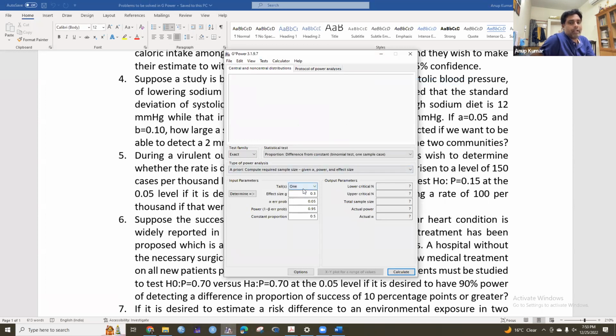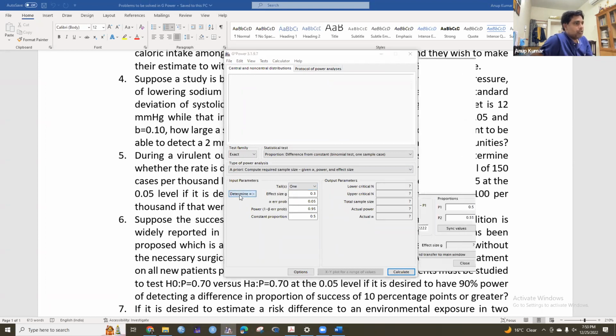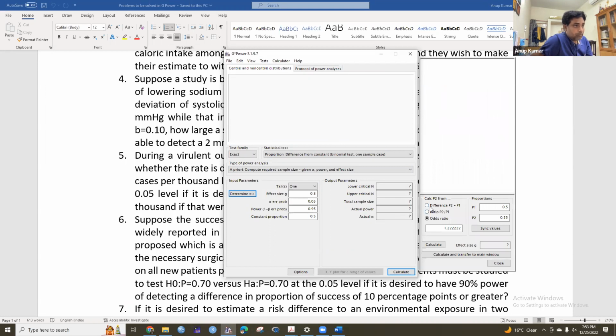This is again one-tailed because they are saying that 0.15 से 0.10 हो गया. Determine. So the difference is 0.15 से 0.10. Okay.